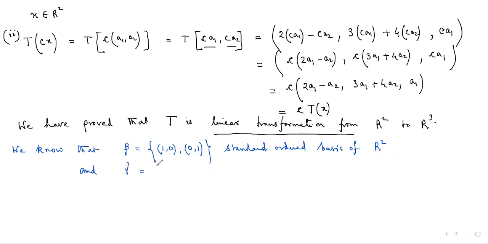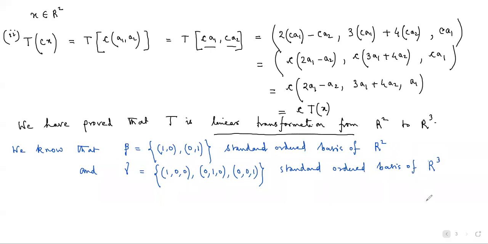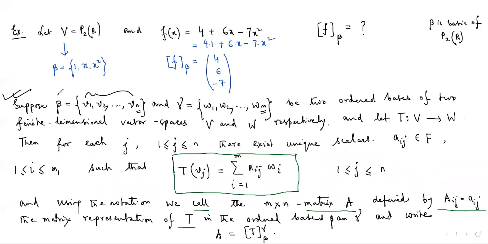Then it will be easy for you to correlate. Gamma is the standard ordered basis for the vector space R3.